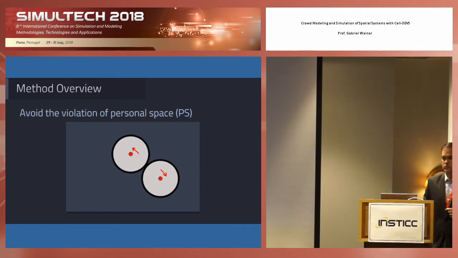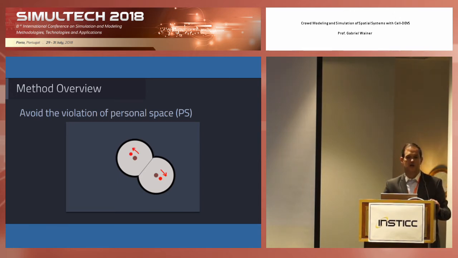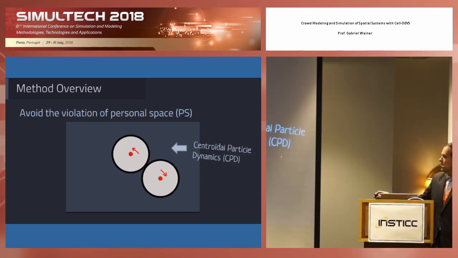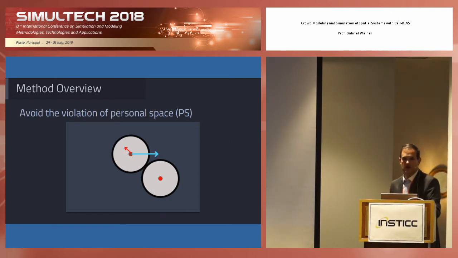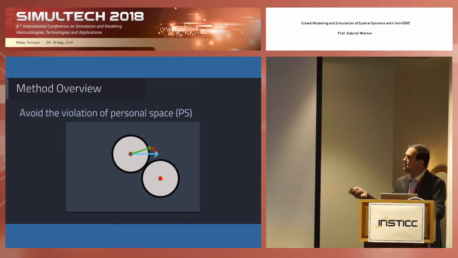And then we move people around. So it will go like this. Somebody's coming, personal spaces collide, they move, and they separate, and they continue their path. So we call the mechanism the centroidal particle dynamic method, okay? We combine this with the direction vectors, and then we have a combination of everything, and people move around, okay? Good.